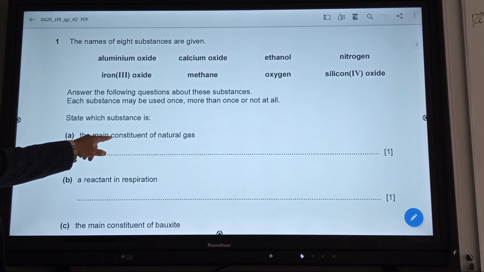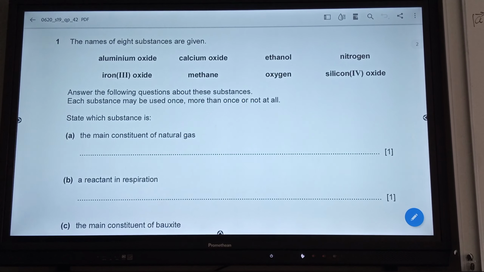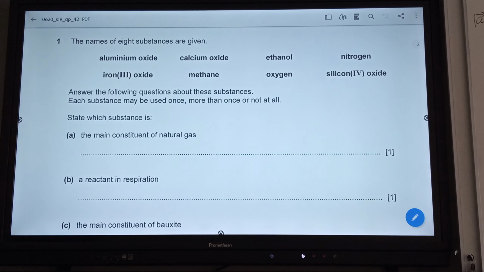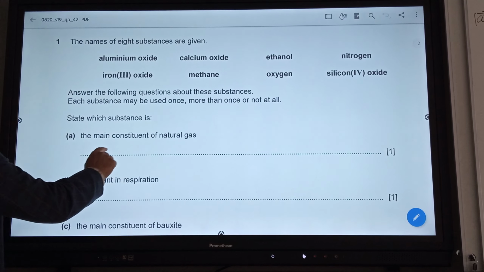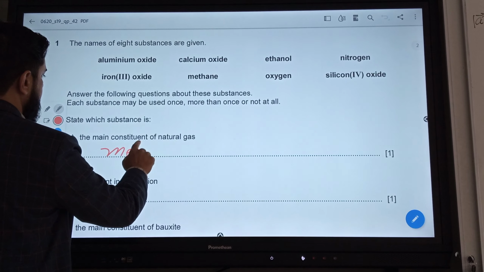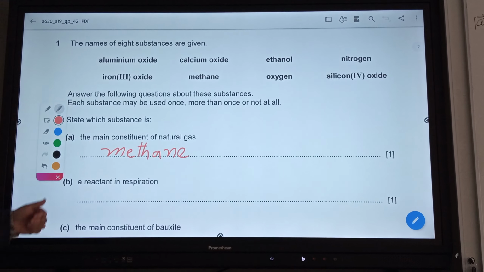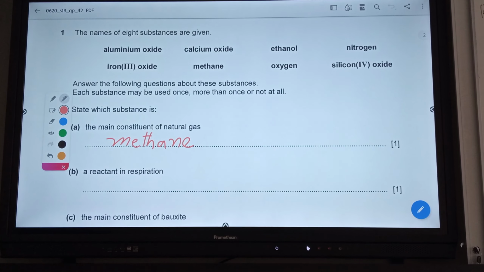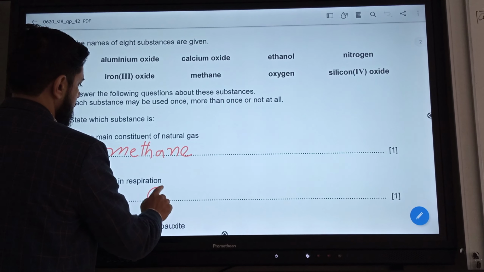First, he says the main constituent of natural gas. So we easily and clearly know the main constituent of natural gas is methane. Next, a reactant in respiration. In respiration, the reactant is oxygen.